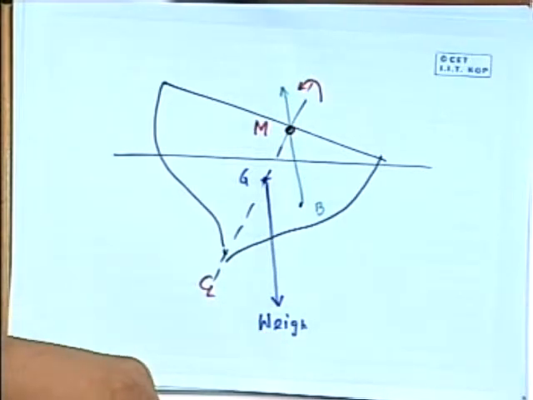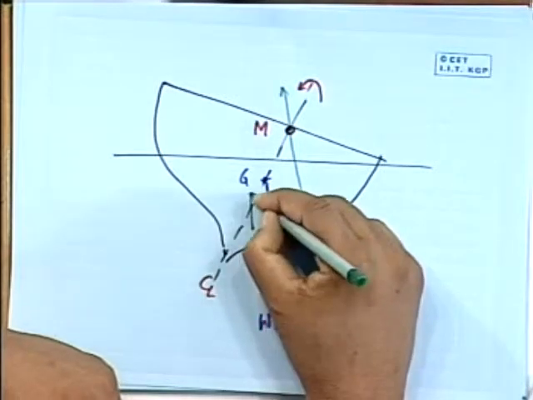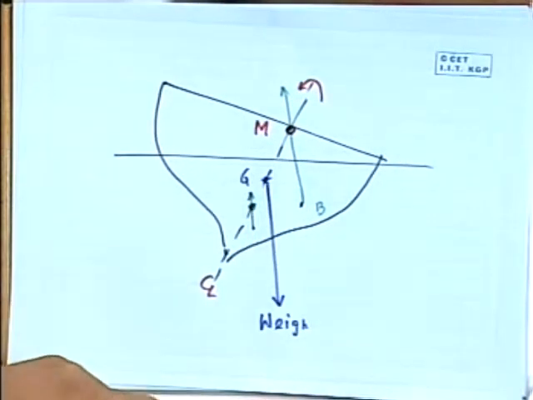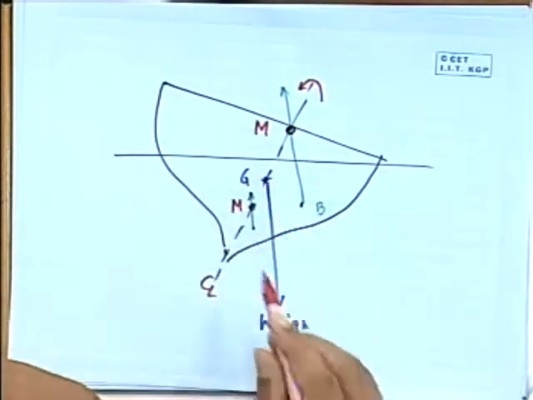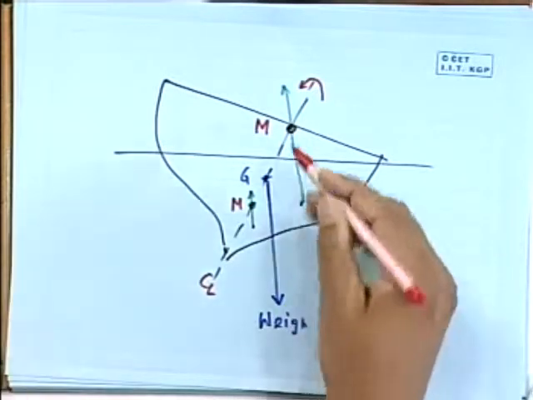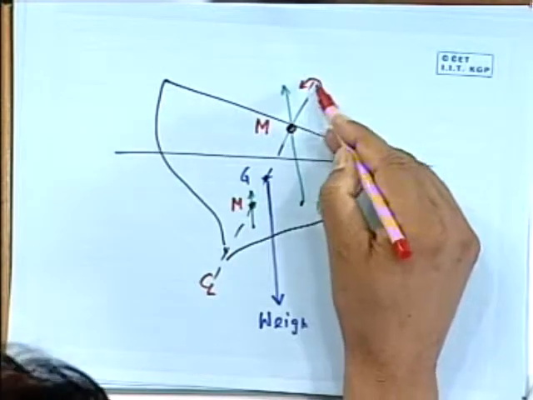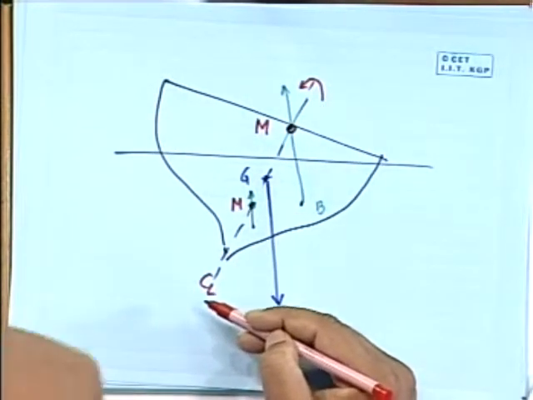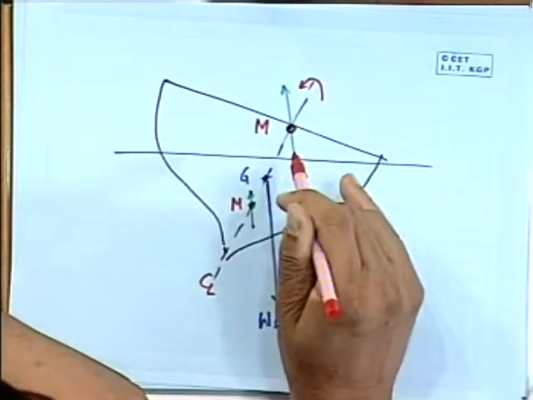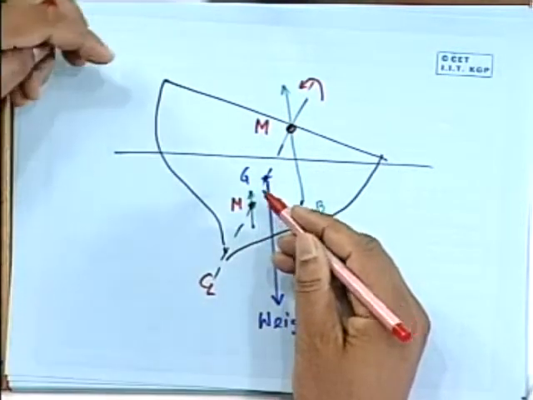In a second scenario, if for example the center of buoyancy went to here, then it would have been like this, and I would have called this M. Then we would say that the ship is in unstable equilibrium. So we can say that if this intersection point of the buoyancy force with the center line stays above G, then the ship is in stable equilibrium. If it is below G, then it is unstable.